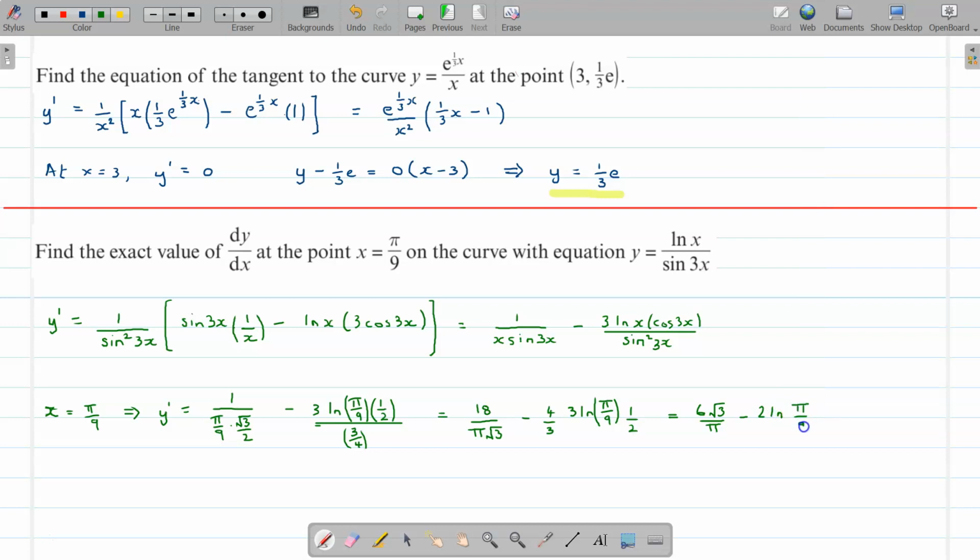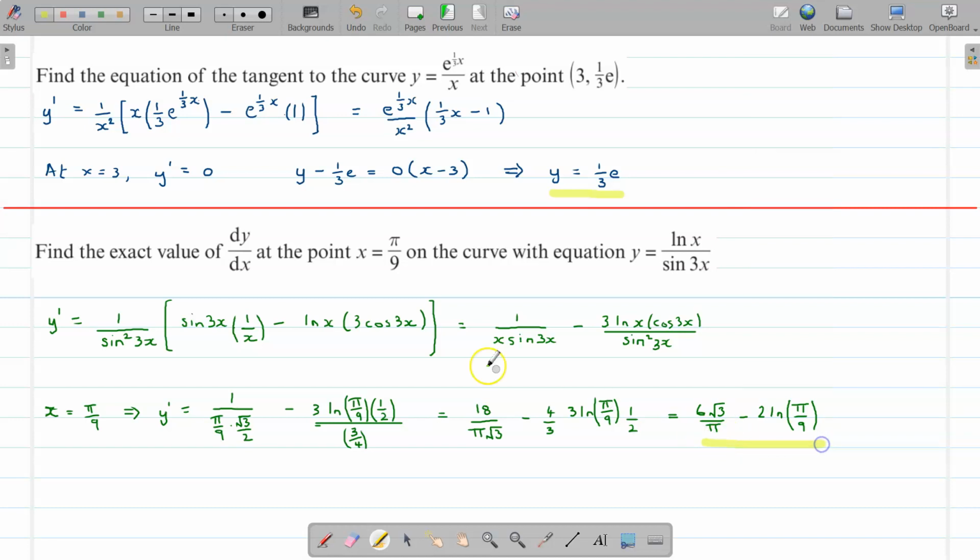And that needs to go in a bracket at the end. Now sometimes we need to put modulus signs or magnitude signs around that because it has to be positive if it's a log, but we know pi by 9 is positive, so we don't need to in this case. And that is a simplified expression for that answer.